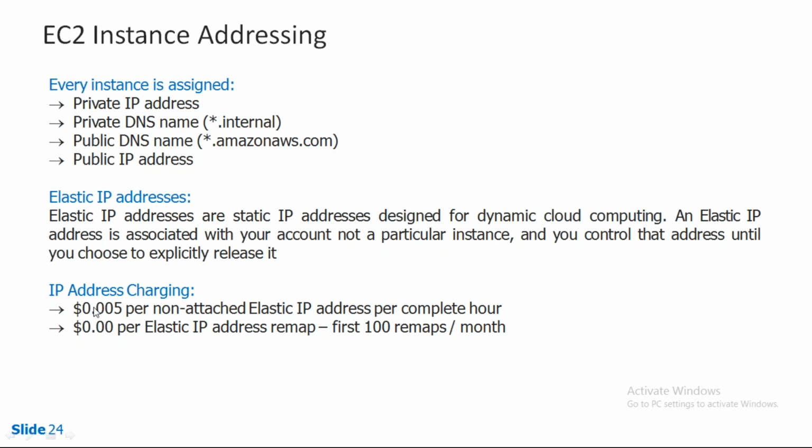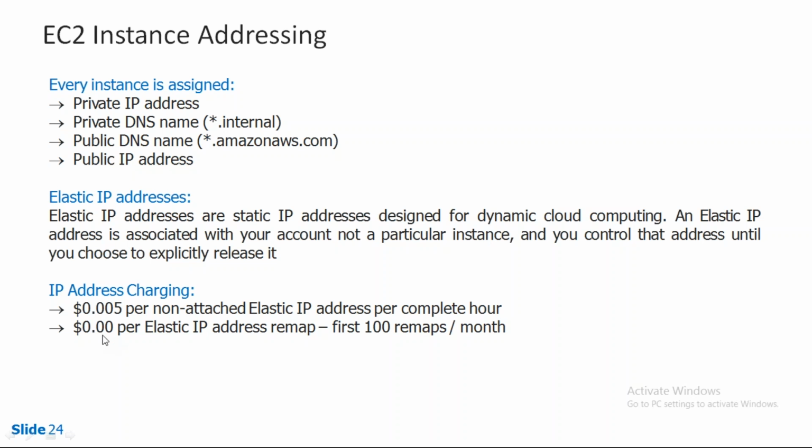So you do not want it, you release it. So these are the charges. IP address charging if it is an elastic IP, excuse me. So 0.005 dollars per non-attached. So whenever you take an elastic IP, it must be associated with an instance, so that you will not be paying.